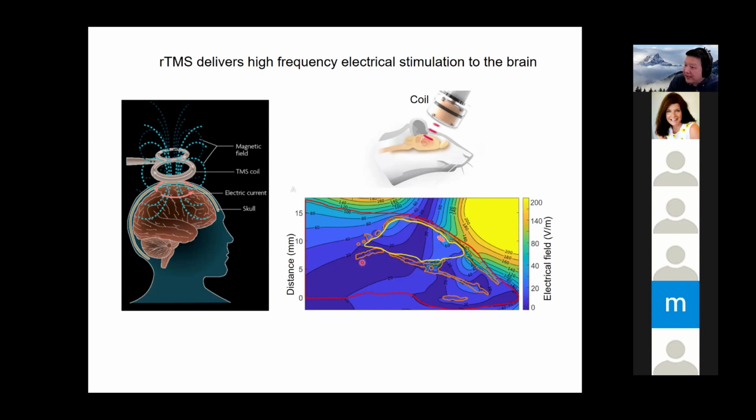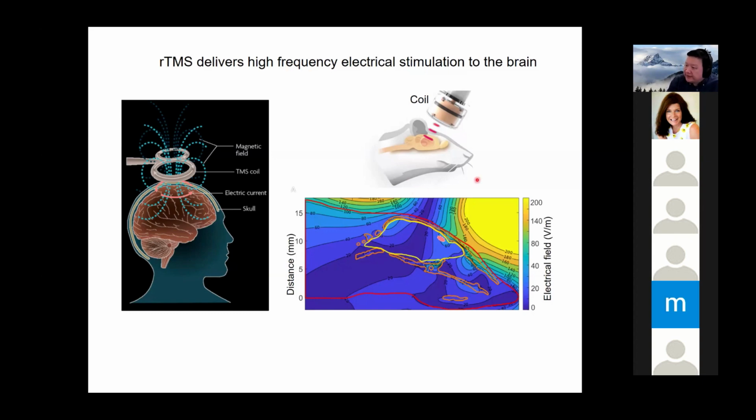And this model suggests that we expose the cortical spinal projection neurons, which are located here in this small red area, to an electrical field intensity of 40 to 80 volts per meter. And this is an intensity that has been shown to activate cortical nerve cells in non-human primates. And this high-frequency rTMS, 40 to 80 volts per meter, promotes axon regeneration.